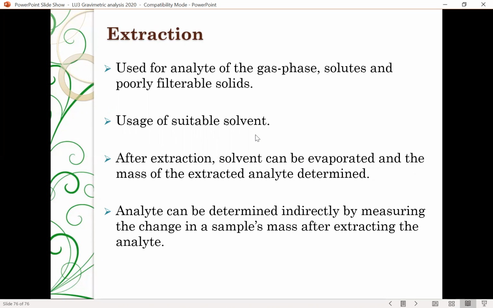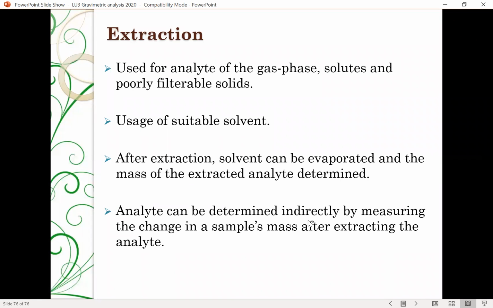All right. Another type of particulate gravimetric analysis is through extraction process. Normally, it is used for analyte of the gas phase, solutes, and poorly filterable solids. It uses suitable solvent for extracting the analyte.